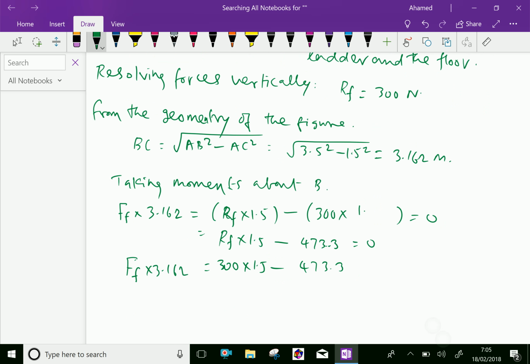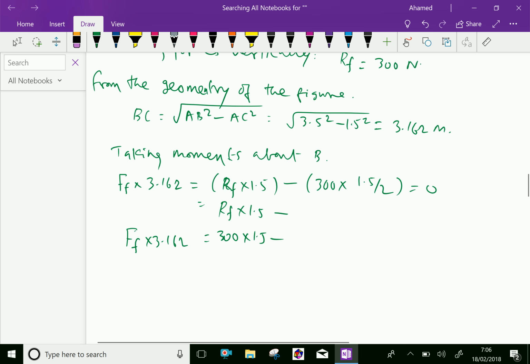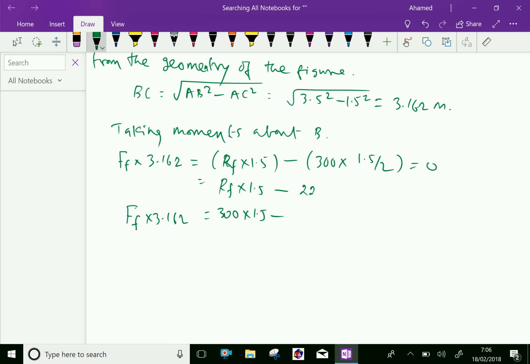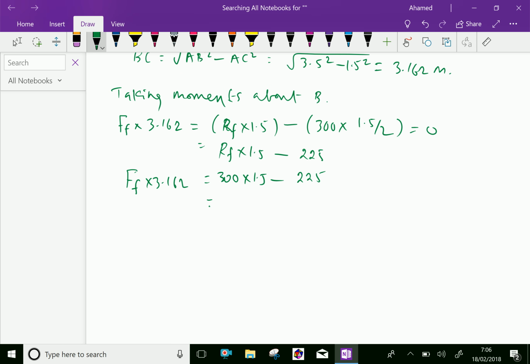Let us calculate this. 300 into 1.5 is 450, minus 225 equals another 225.